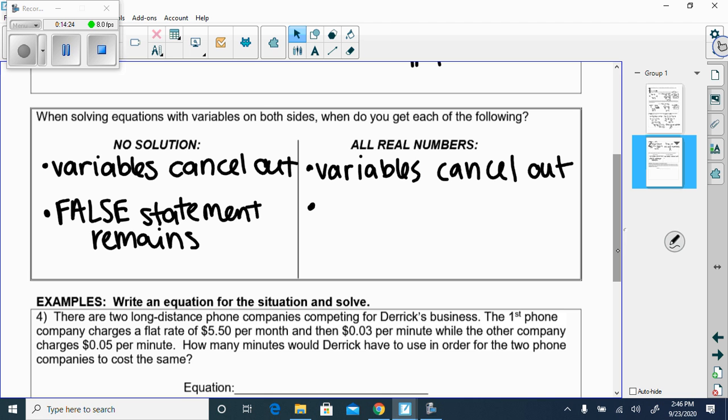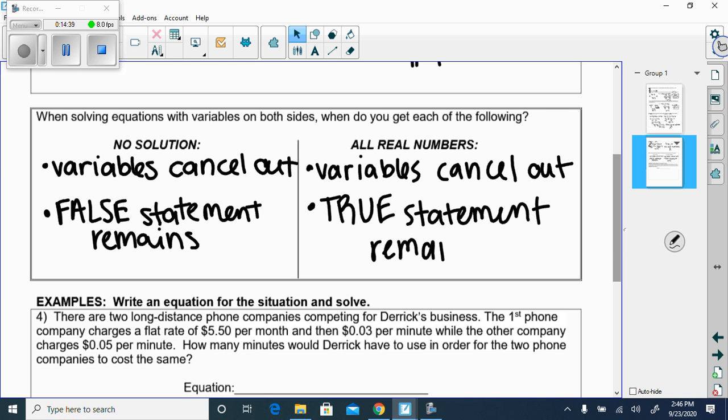It came through as a true statement. So we'll have a true statement remaining. If all of our variables are gone and the numbers actually equal each other, then we have all real numbers. If the numbers don't equal each other, no solution.